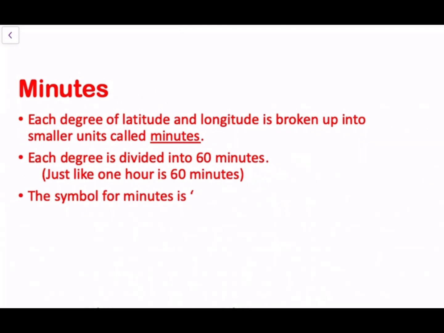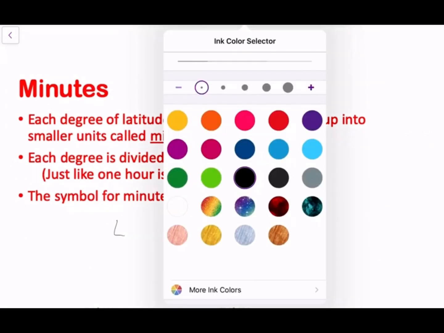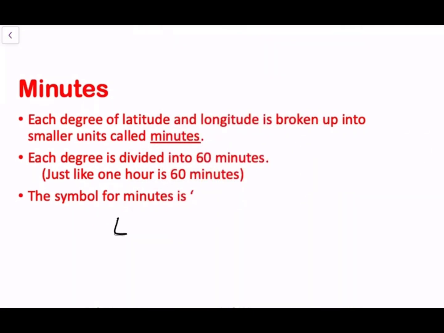Remember, when we write latitude and longitude, we might say it's 42 degrees. We include the degree sign always. Well, if we're using minutes or adding minutes to give an even more precise location, we would say 42 degrees and maybe 25 minutes.